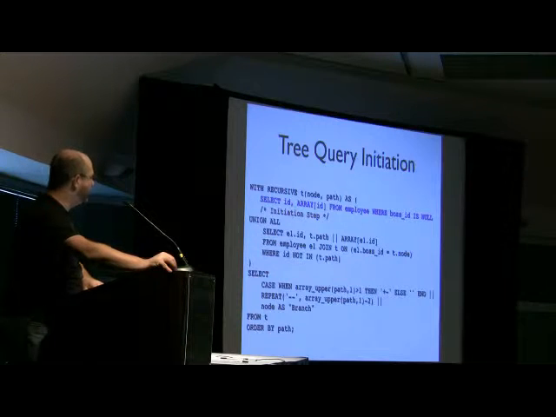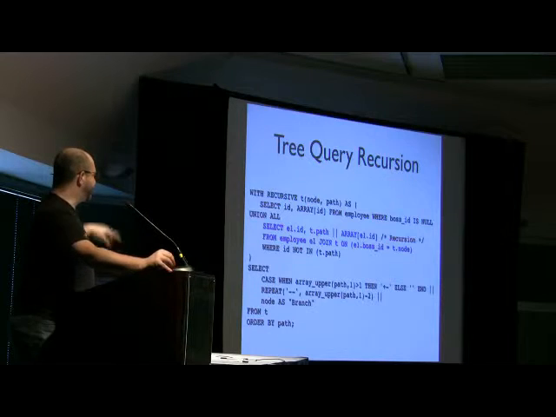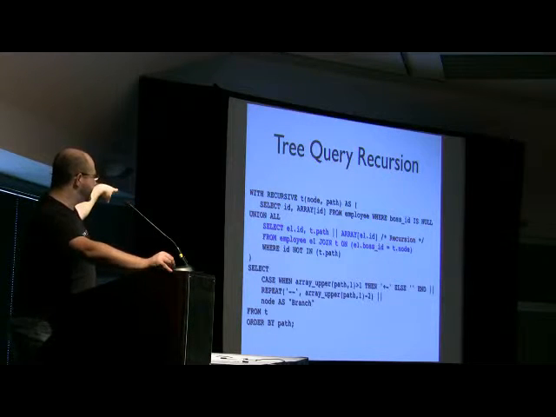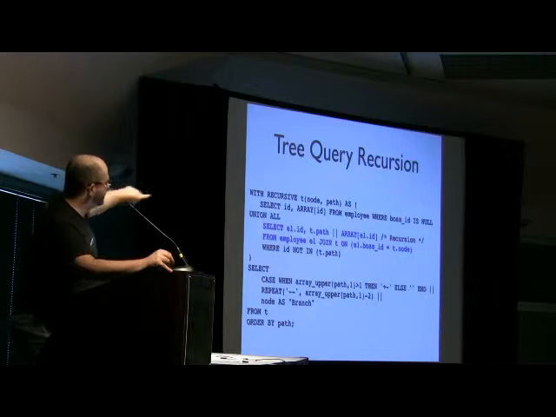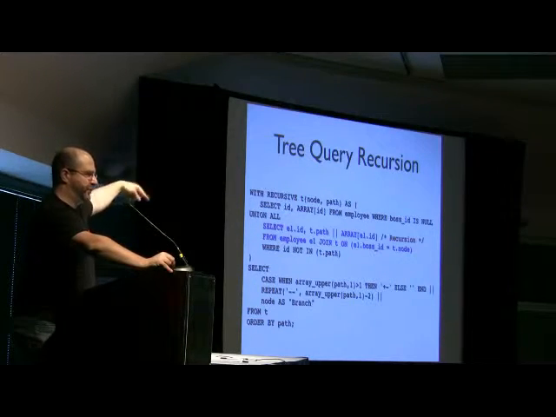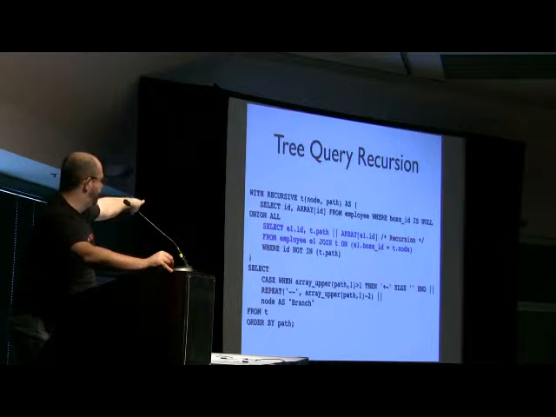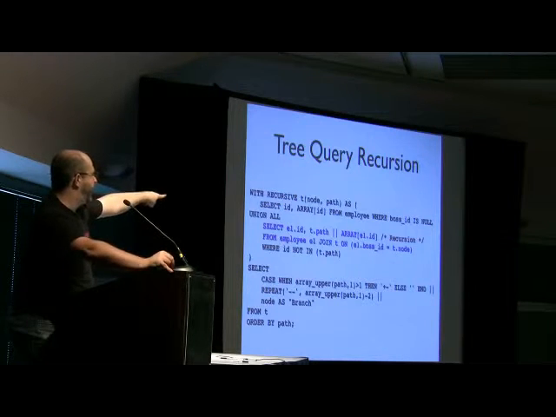We're going to UNION ALL of that with the recursion step. So we select an ID from the employee table, and then we join it back to this T, this recursive view that we just created. That's how we're doing it.